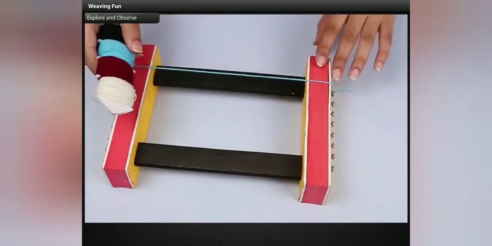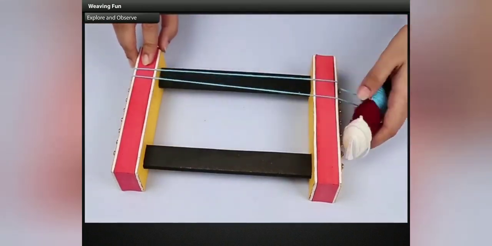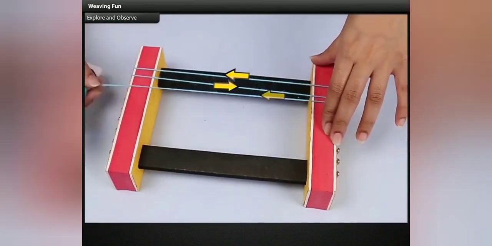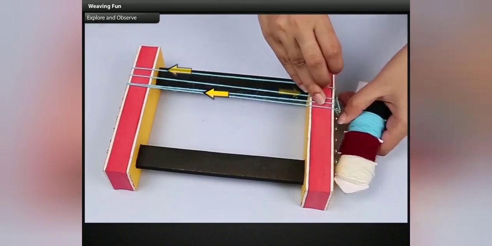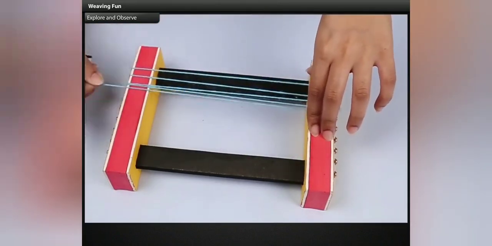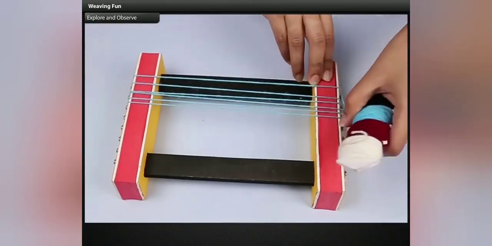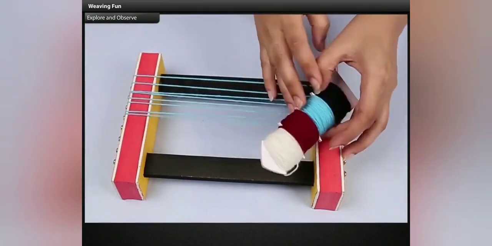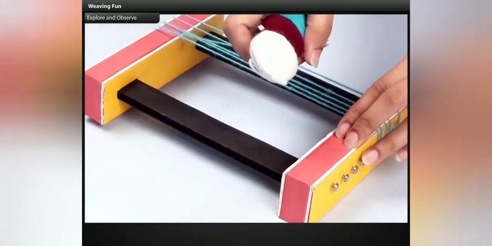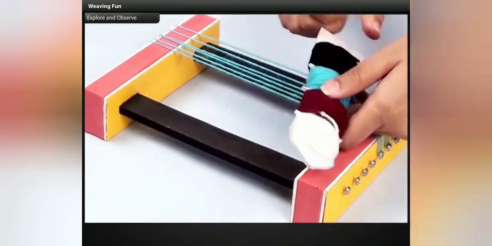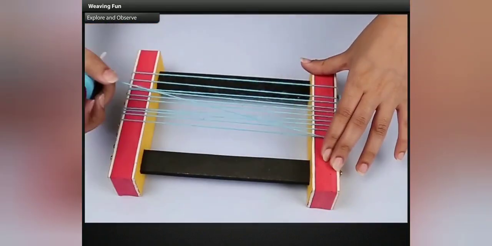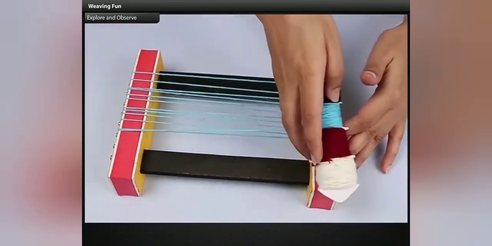Then, run the thread back to the first wide sheet and loop it around the next screw. Every time you loop the thread around two opposite screws, tightly stretch the thread. Similarly, keep running the thread from one end to the other by winding it around the screws.